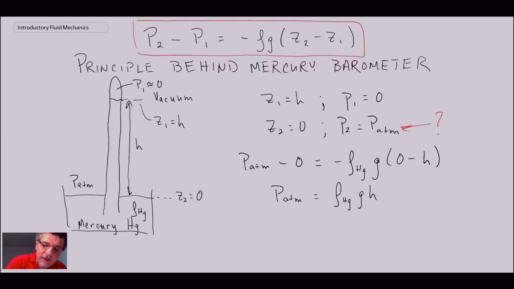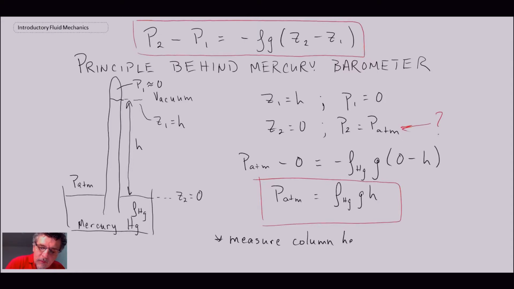And that's a relatively simple equation that then enables us to determine the atmospheric pressure. So what you do is measure the height of the column in order to get atmospheric pressure. So that is the way that the mercury barometer operates.